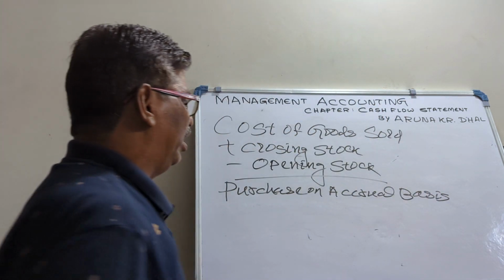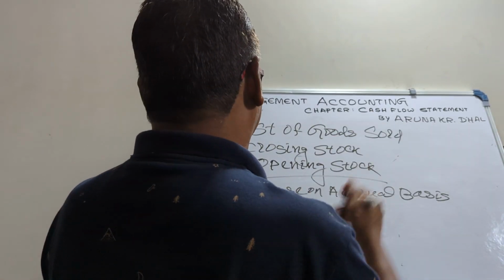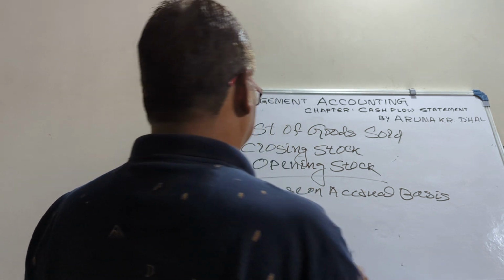Then we will make payment, that will be outflow of cash on credit purchase.